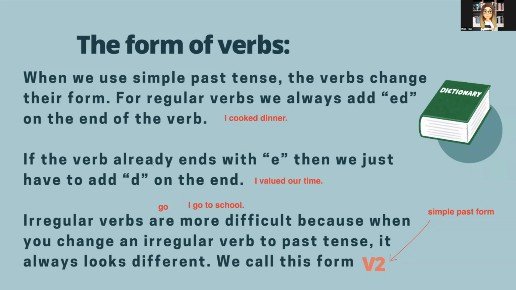It's more complicated. So if you're going to change this to simple past, the V2 form looks like this. I went to school. So it's irregular, which means that we're not going to follow the rule. The rule would be add ed, I goed. We don't say this. This is not correct because go is irregular. We have to say, I went to school. Went is the V2 form of go.